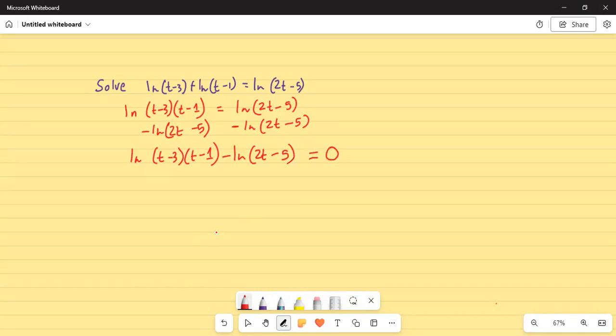Okay. Again, I will apply the subtraction rule of logarithm. When subtraction, that means it's divided by. So natural logarithm of t minus 3 times t minus 1 divided by 2t minus 5 is equal to 0.